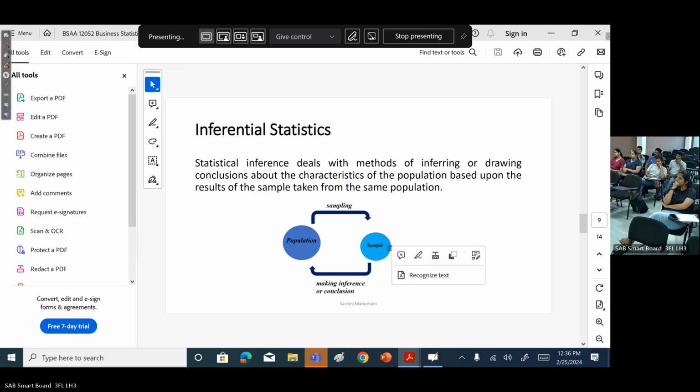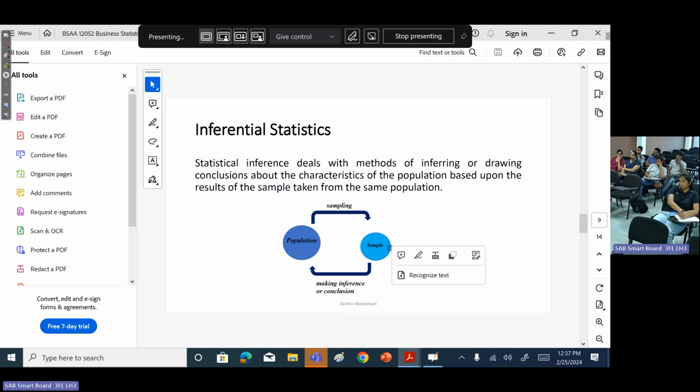Population. Based on the sample data, we draw conclusions about what? Population. Understood? We call that inferential statistics. That's the definition: statistical inference deals with methods of inferring or drawing conclusions about the characteristics of a population based upon the results of a sample taken from the same population.